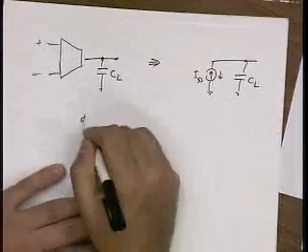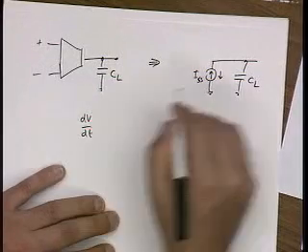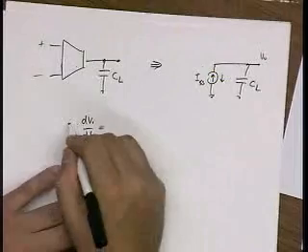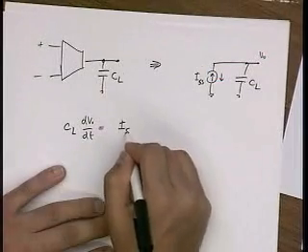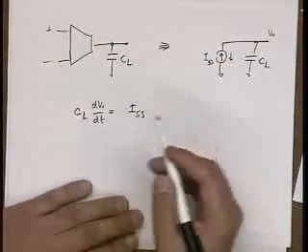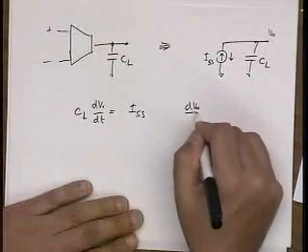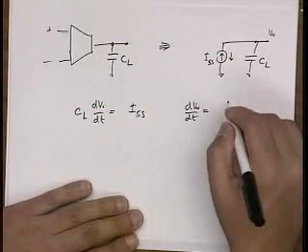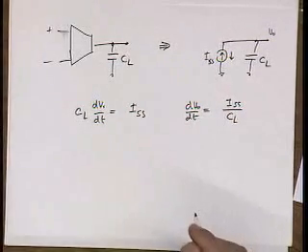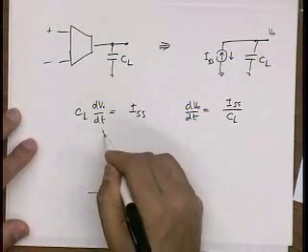So, calling this V out, ISS has to equal CL dV/dt. In other words, the output has a constant slope of ISS over CL. So the output will just ramp.